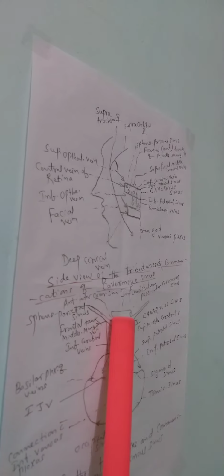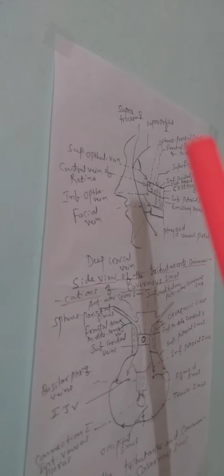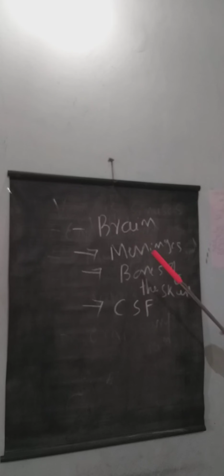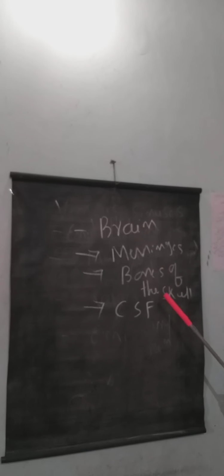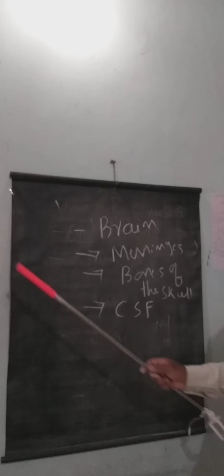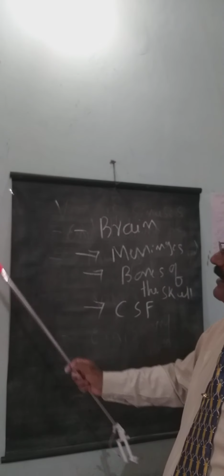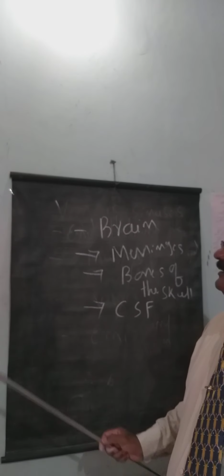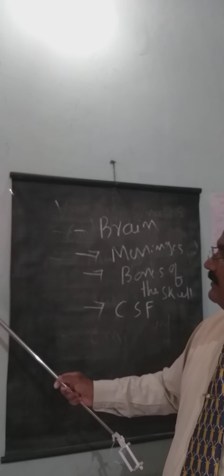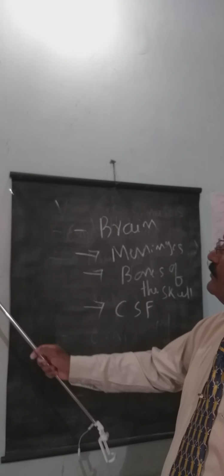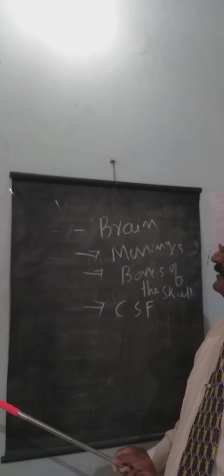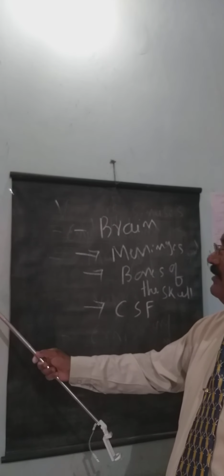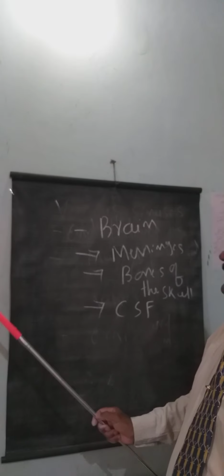Regarding the sinuses, once again I repeat, they drain from the brain, from the meninges, from the bones of the skull, and from the CSF. The cavernous sinus is important for the ophthalmic surgeon, the superior sagittal sinus is important to the neurosurgeon, and the sigmoid sinus is important for the ENT surgeon.